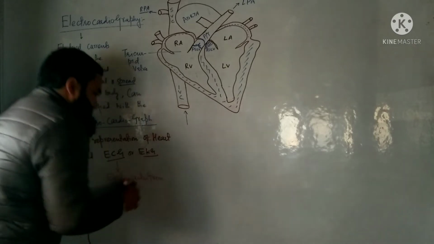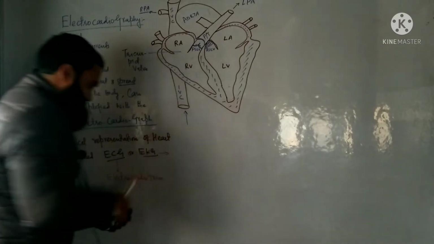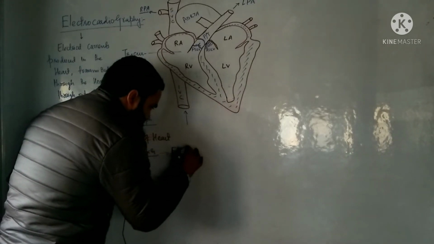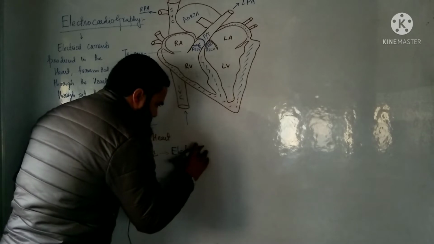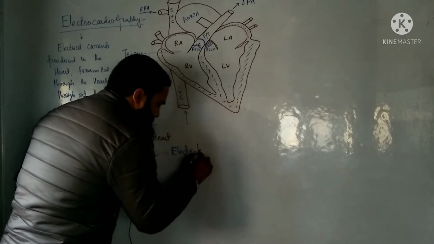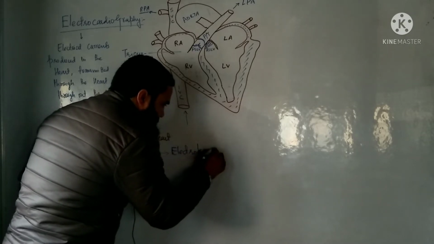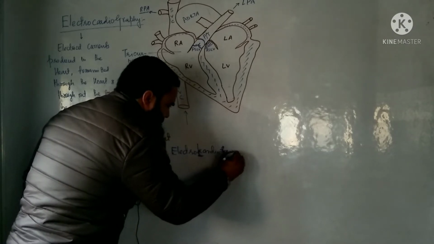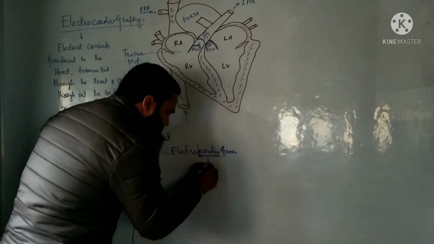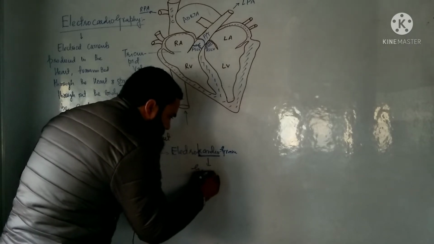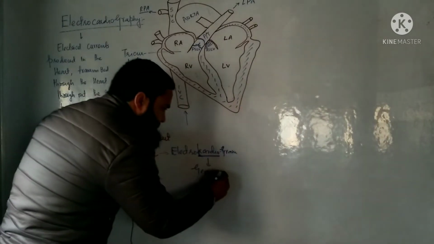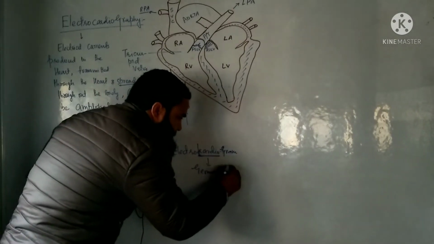Electrocardiogram. And what is EKG? EKG is called the electrocardiogram, K for cardio. Cardio is a German word which means heart.